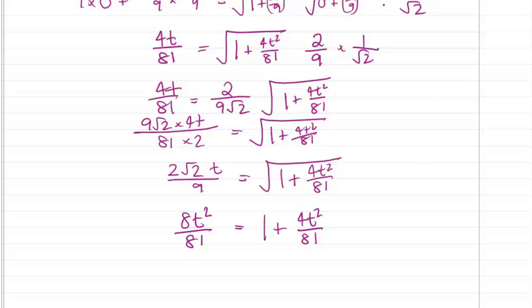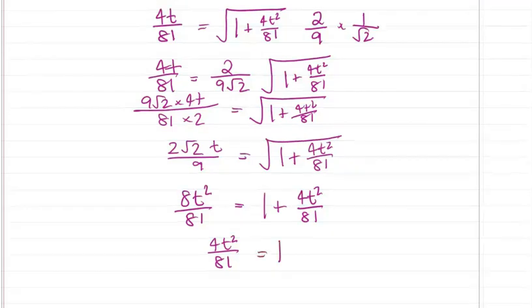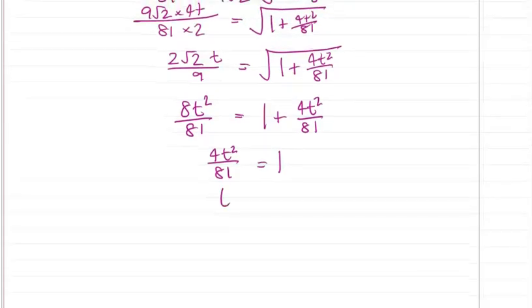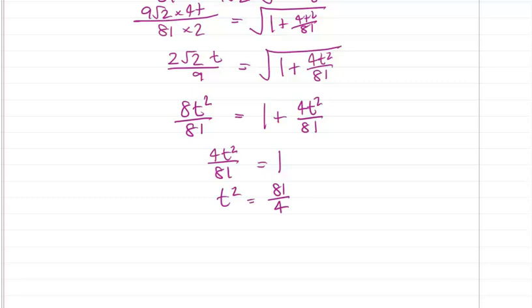So if 1 plus 4t squared on 81 equals 8t squared on 81, it must be the case that 4t squared on 81 equals 1, or t squared equals 81 on 4. When I take the square root of that, t is plus or minus 9 on 2, but we know t is positive by the context, so t equals 9 on 2, and that's my answer.